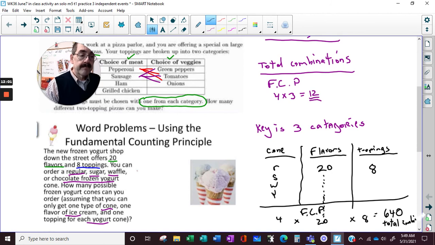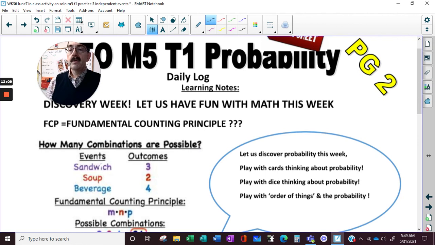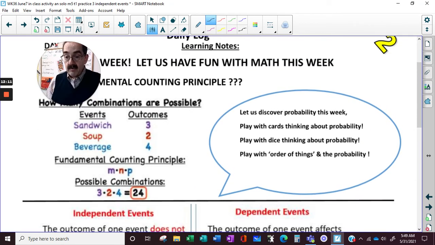Alright? So, fundamental counting principle. Turn the page. You have the events, you have the outcomes, we multiply. There's 3 different sandwiches, there's 2 different soups, there's 4 different beverages, 24 combinations.